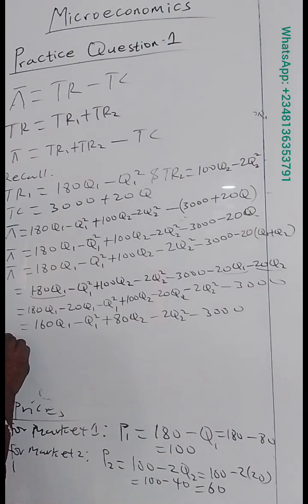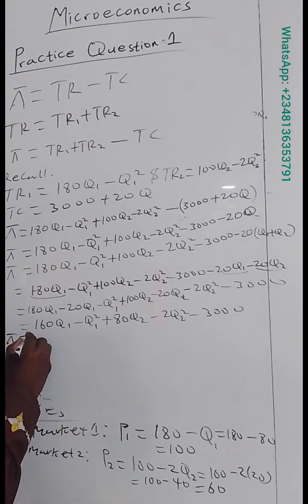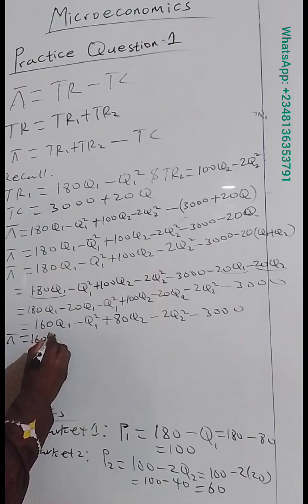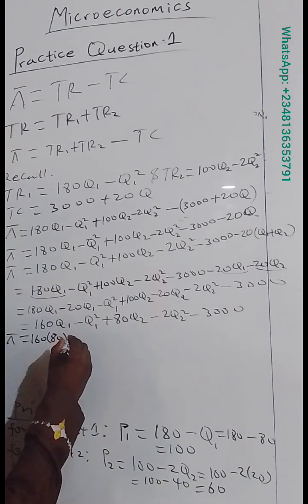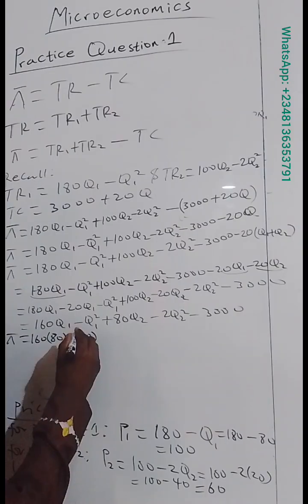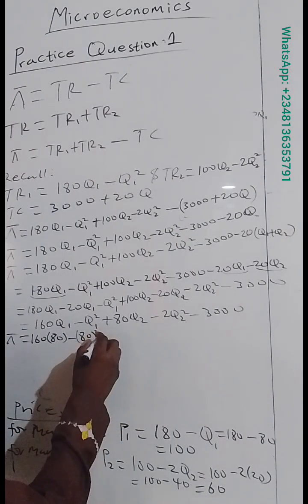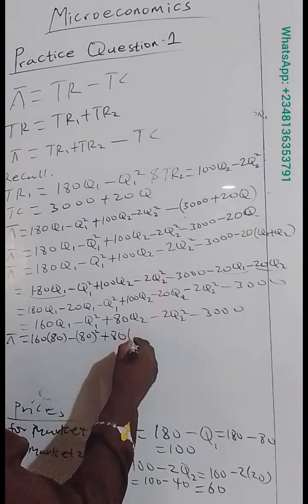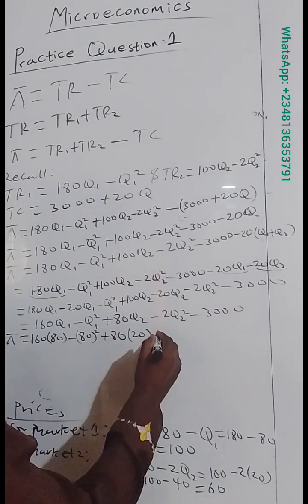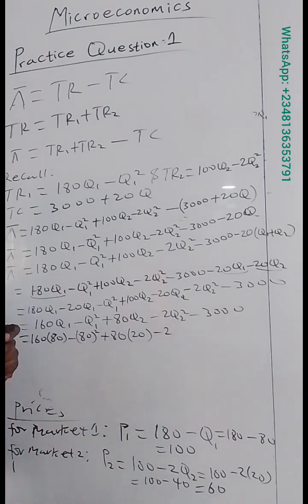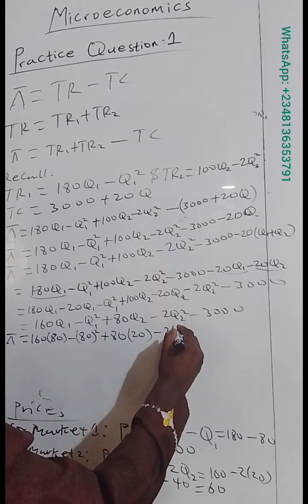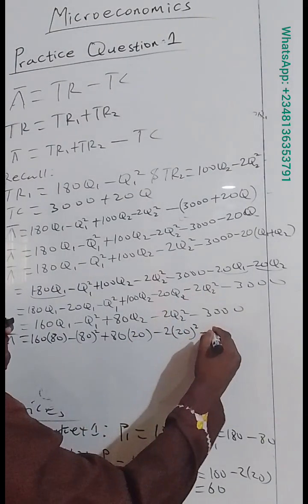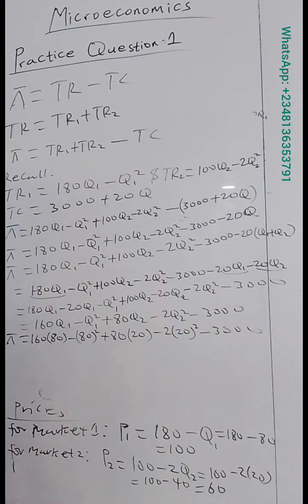So in other words, the profit will be equal to 160 times 80, minus 80 squared, plus 80 times 20, minus 2 times 20 squared, then minus 3,000. So here I'm going to hand it over to you. Whatever value you get will be your profit.